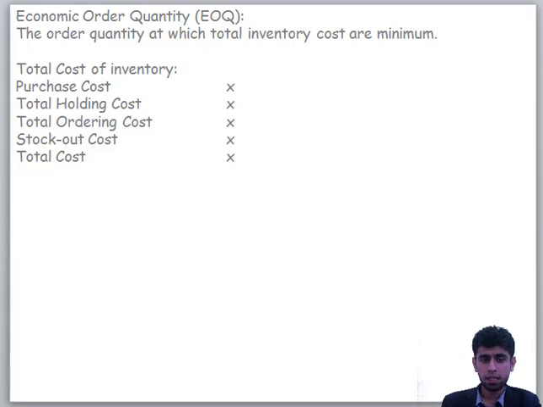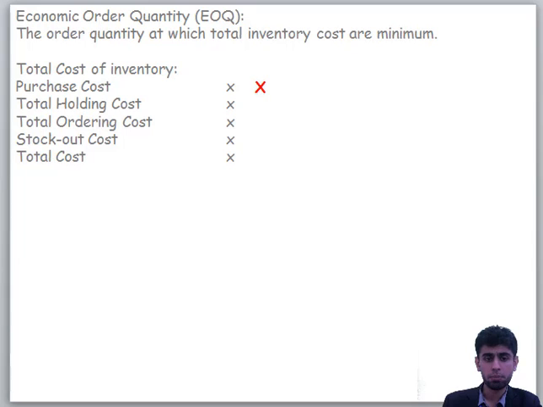Now in economic order quantity, we are not going to focus on the purchase cost. Why? Because we are going to assume that at any order quantity we are going to pay the same price to the supplier. So our purchase cost is not going to change, no matter what our order quantity is.